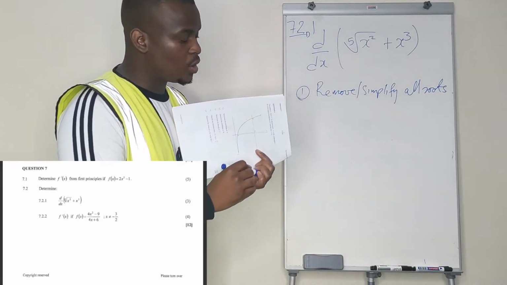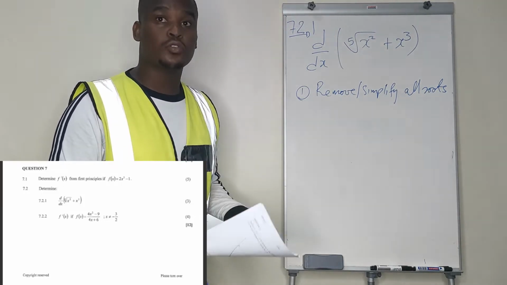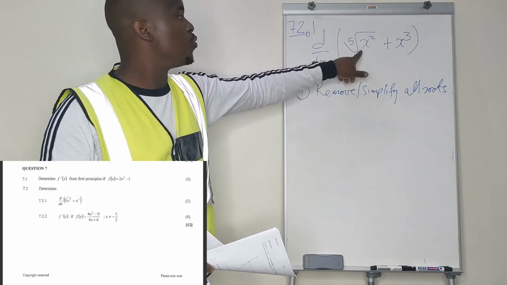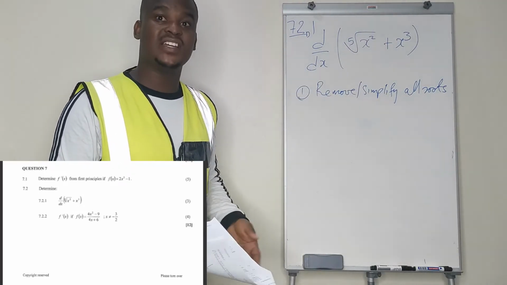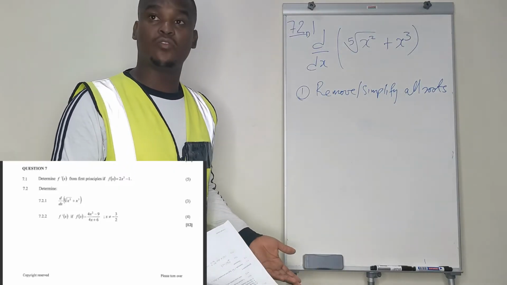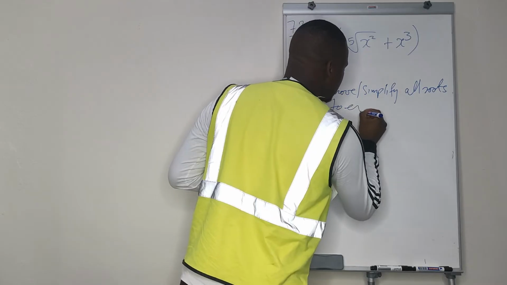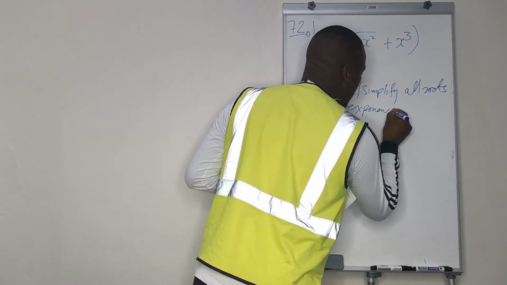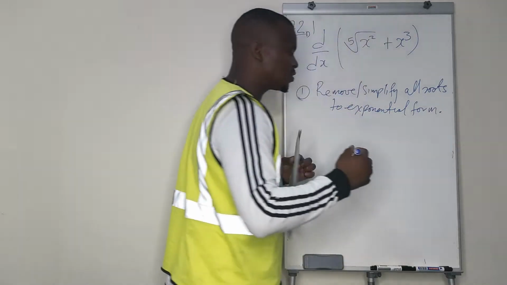So that can be the square root, that can be the cube root, that can be the fourth root, that could be the fifth root. So you must remove this root here by expressing it in an exponential form. So you must remove roots to exponential form. That's what they want from you.